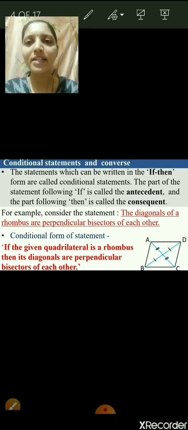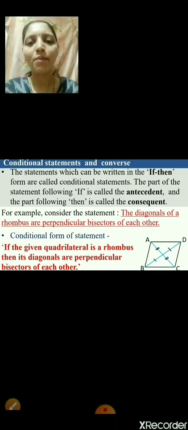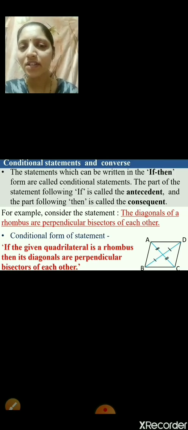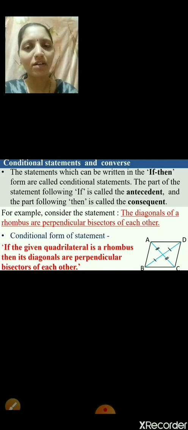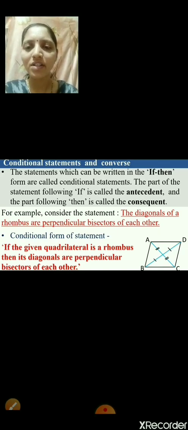Now let's take one example. One statement here I have written is the diagonals of a rhombus are perpendicular bisector of each other. Now what is the statement? The diagonals of a rhombus are perpendicular bisector of each other. This statement you have to write in the conditional form. How to write it? Divide the statement into parts.